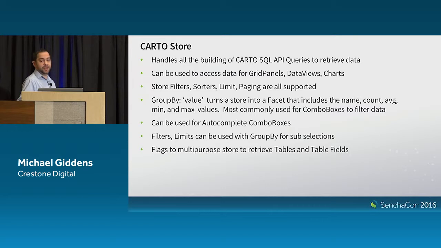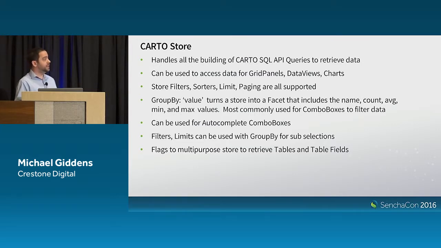So by using a store directly or in a view model, like shown in the past examples, we can easily set this up to work with grid panels, data views, charts, and again, really anything that associates to a store. It also works great with your native sorters, filters, limits, paging, and all the normal grid plugins that you would use.